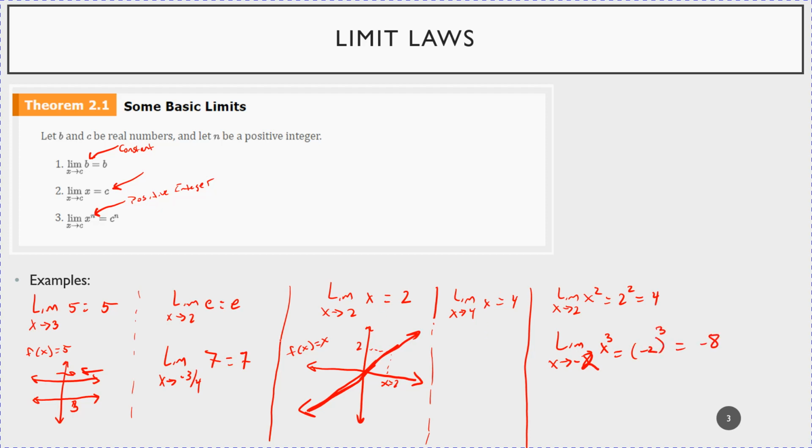So for these, you're just plugging in for x. These are very straightforward limits to solve.